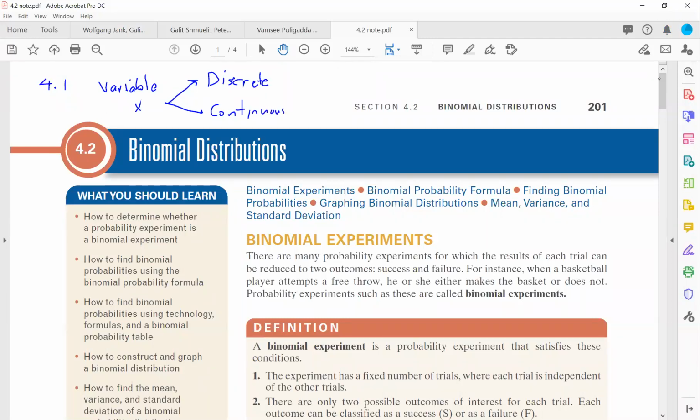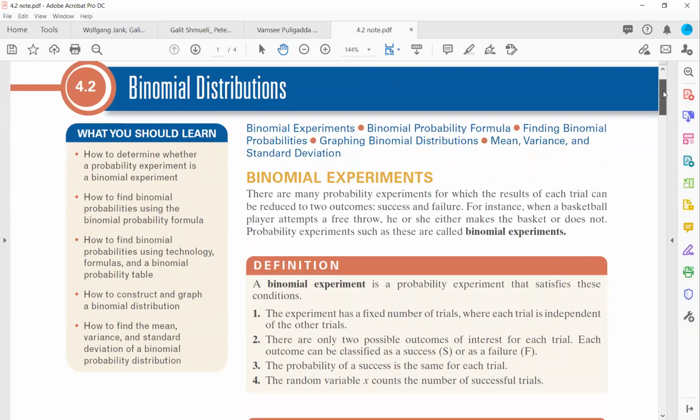It takes on some values on an interval. In 4.2, we're going to talk about one of the most important discrete distributions that we call binomial distribution.